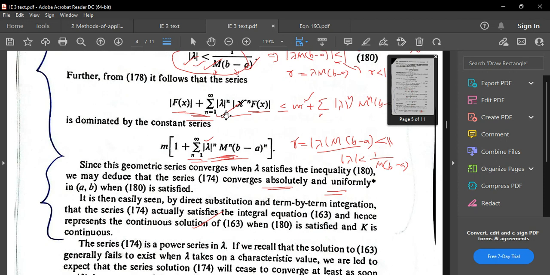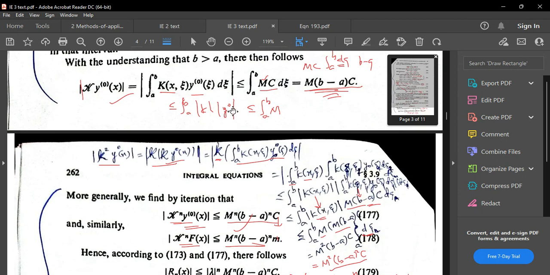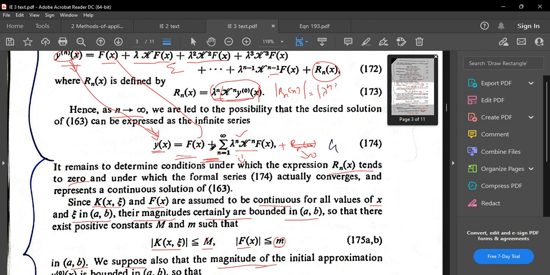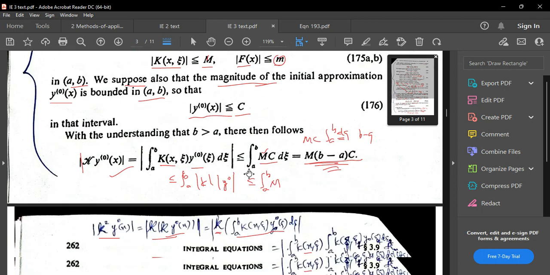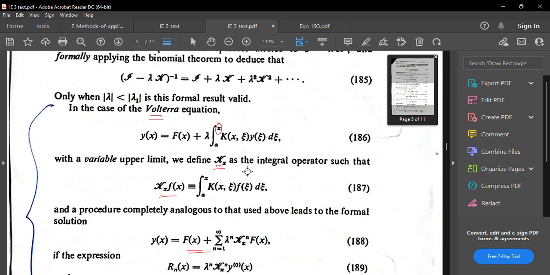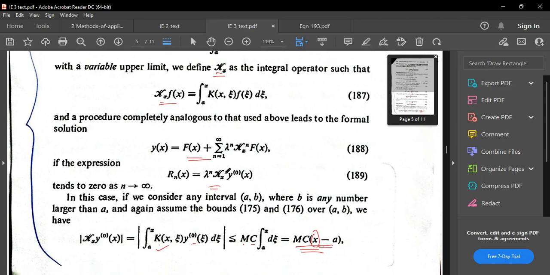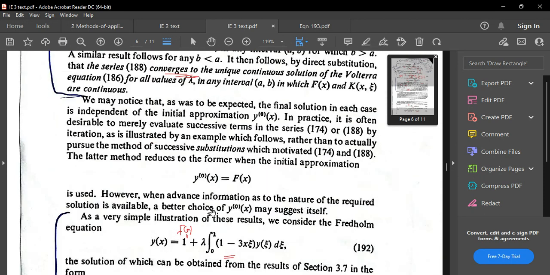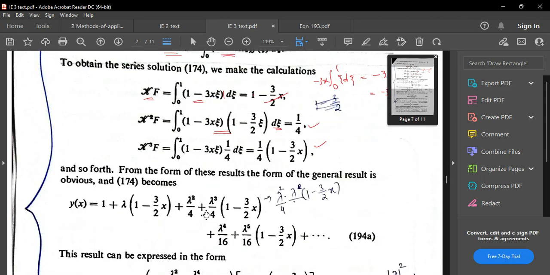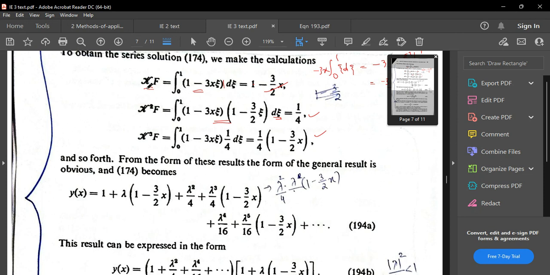For this Fredholm type we have this final solution. We have computed script K raised to n capital F of x, and script K of capital F of x we will denote here as script K raised to n capital F of x.